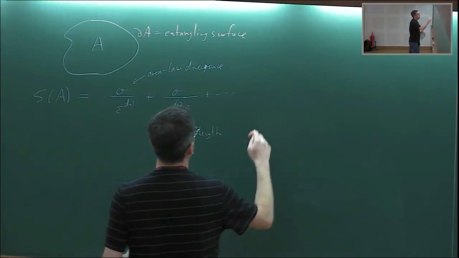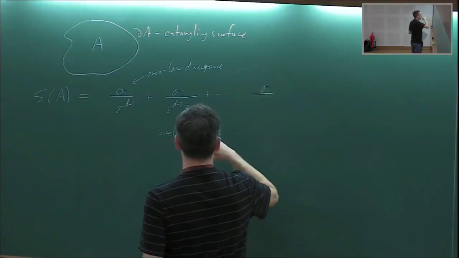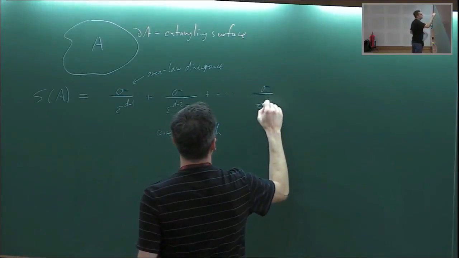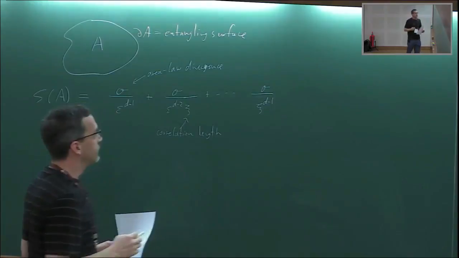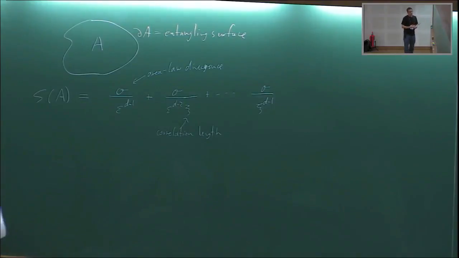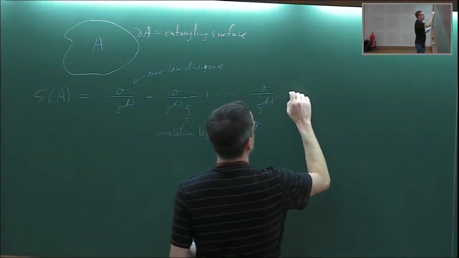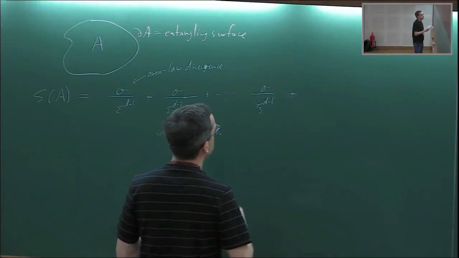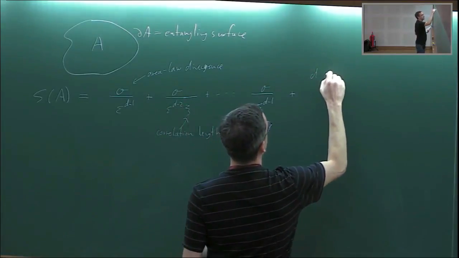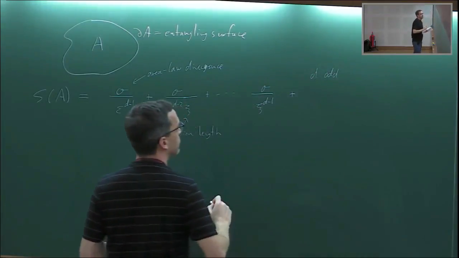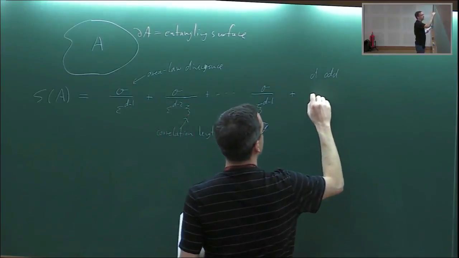And we finally expect there to be terms which actually are independent of the cutoff. And there can also be terms like, in certain dimensions, it turns out that when D is odd, you also get terms that have logs.